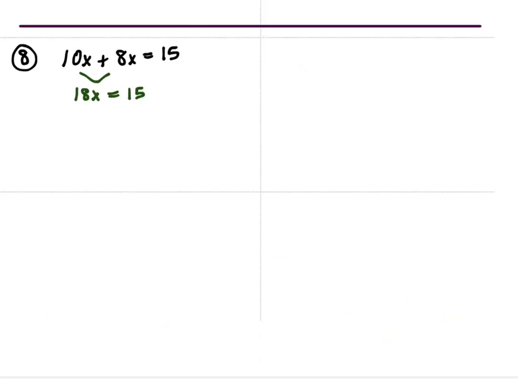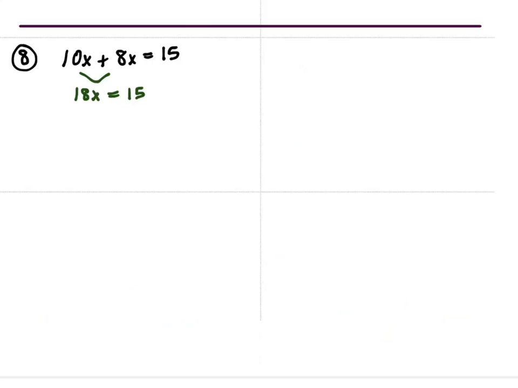Now in this case, since I've simplified, I still have a one-step equation happening, and my original operation is multiplication. So I'm multiplying that 18 times the x, the thing that I don't know. So the inverse of multiplication is division.